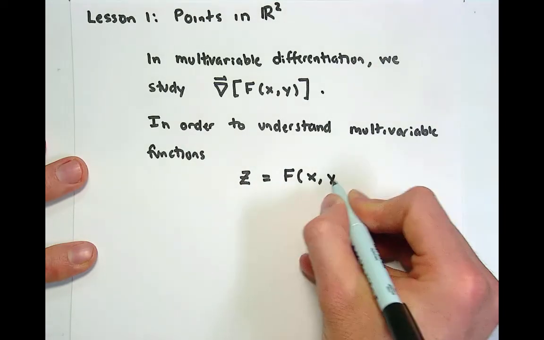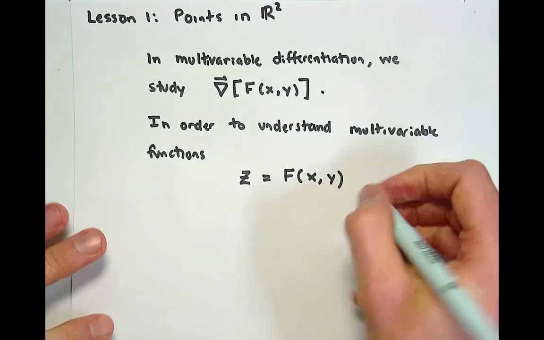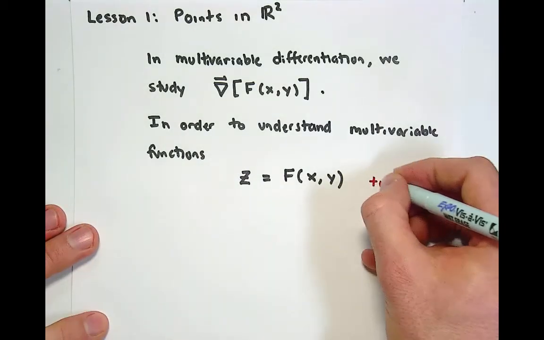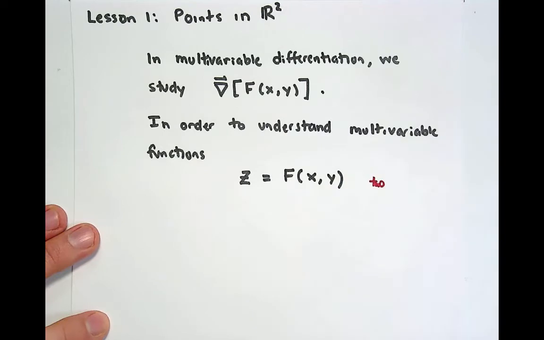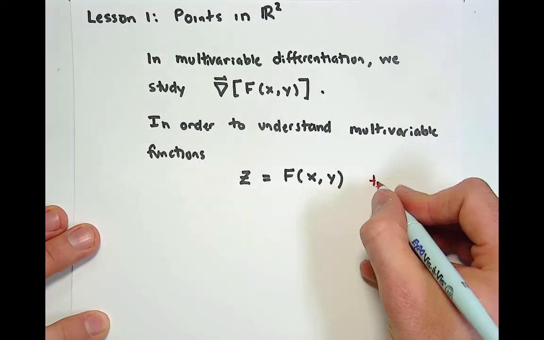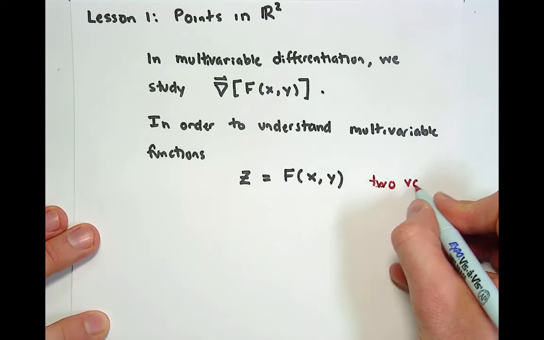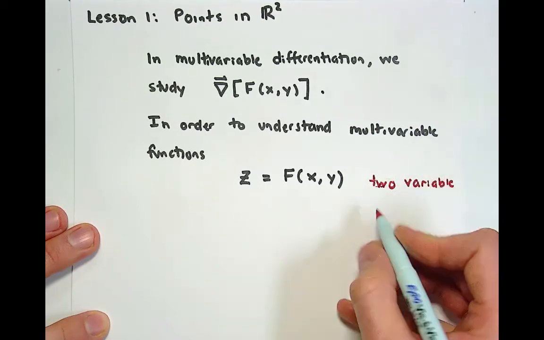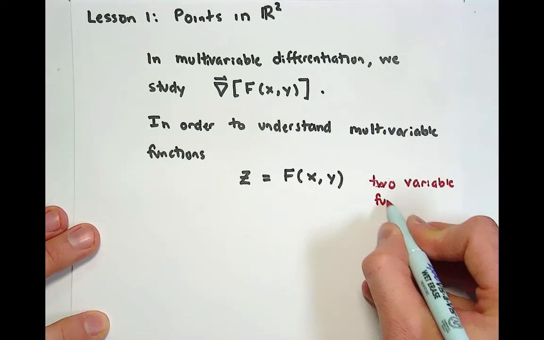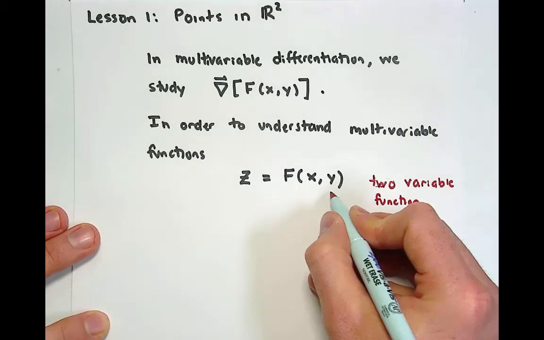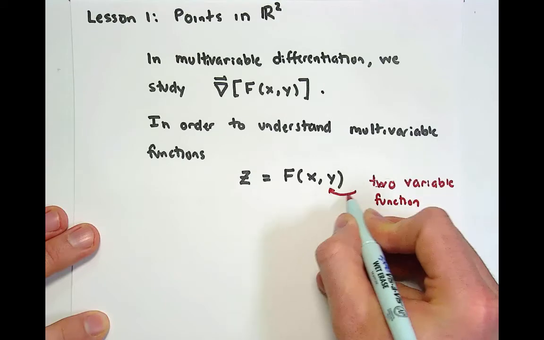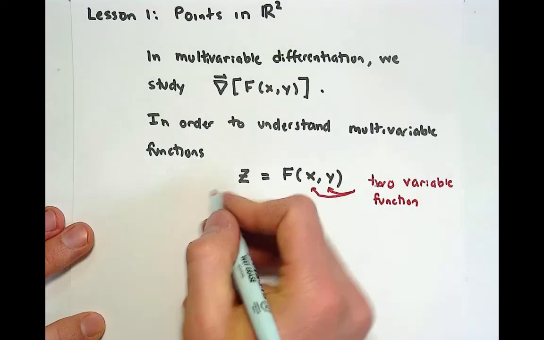So this thing right here is going to be a two-variable function, because we have two inputs, and then here this is going to be the output variable.